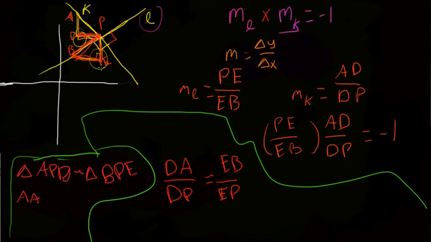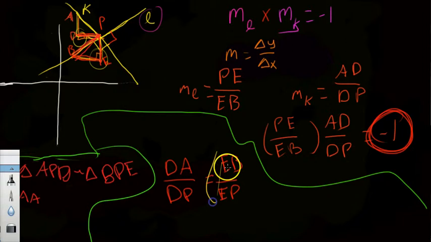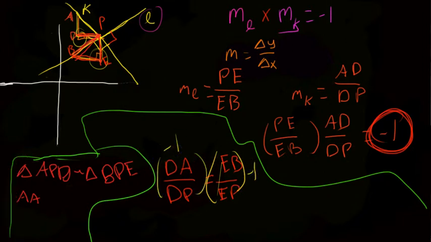They're flipped, reciprocals, which makes sense. Now we want to clean this up to get our -1 on the right side of the equation, so we multiply both sides by -1. Then we get negative DA over DP is equal to negative EB over EP.